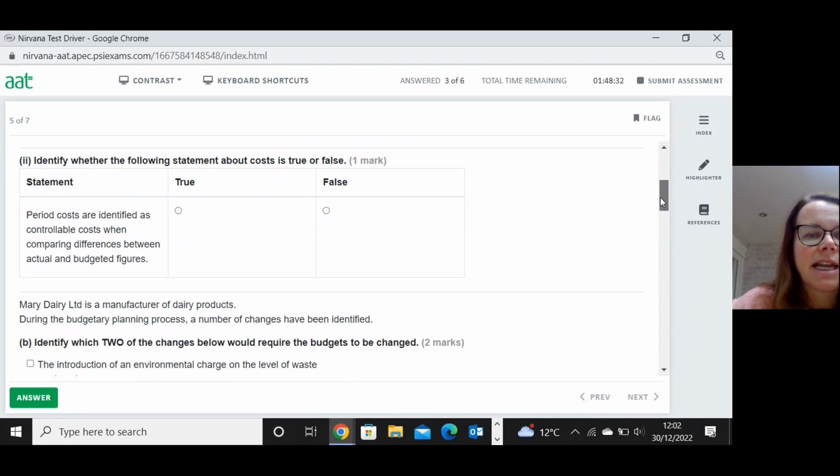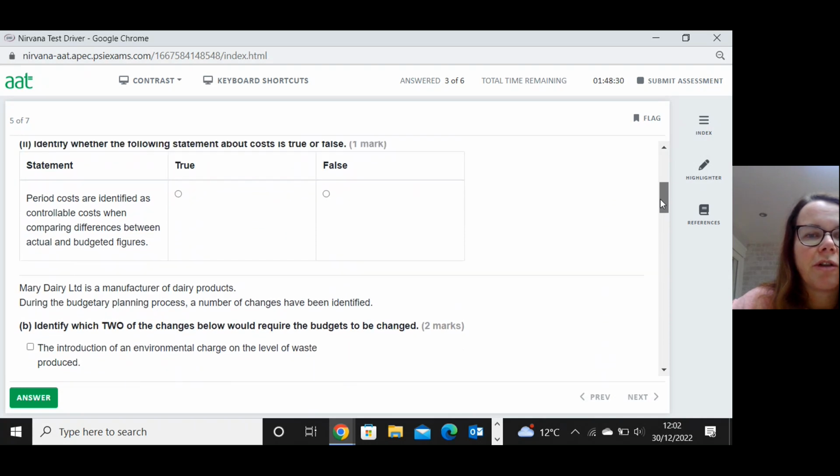Identify whether the following statement about costs is true or false. Period costs are identified as controllable costs when comparing differences between actual and budgeted figures. Right, so period costs are like your fixed overheads, which happen at a particular time and are dealt with in the accounts at a particular time.